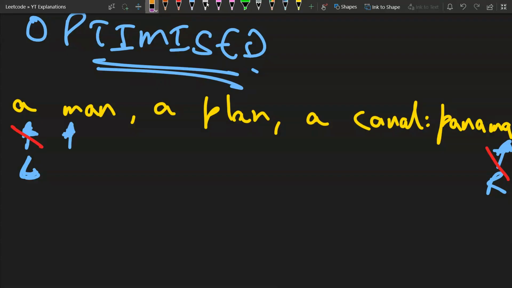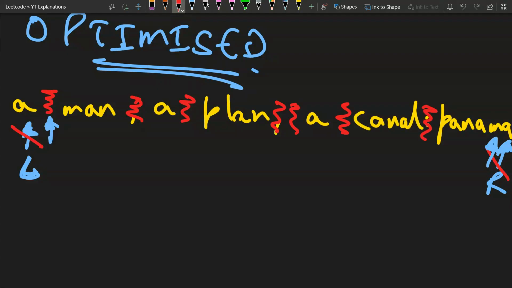We move this pointer here, past this space, and this pointer comes to M. We essentially have to avoid spaces here, wherever we have spaces or special characters. Suppose I'm just marking all of them here.